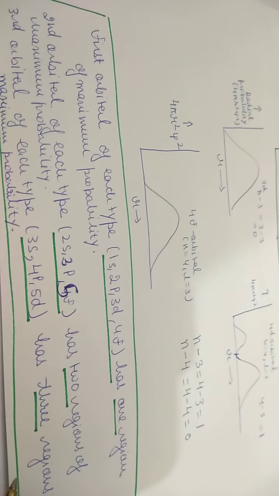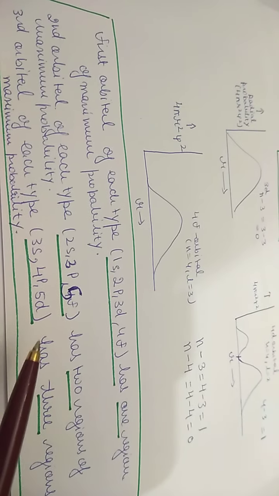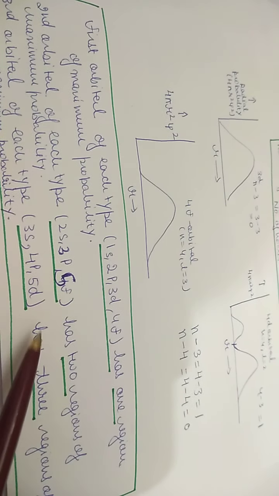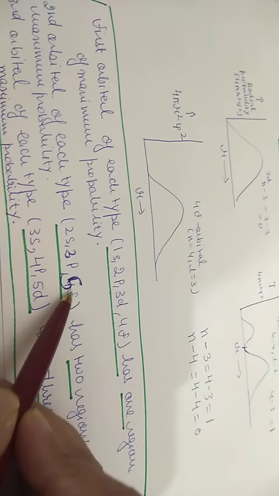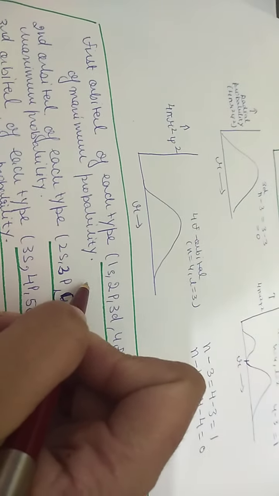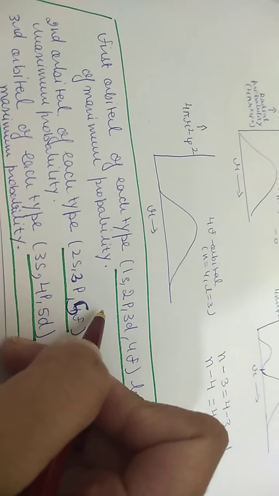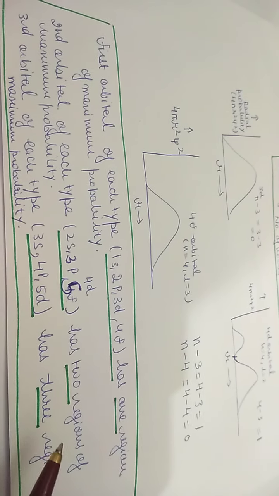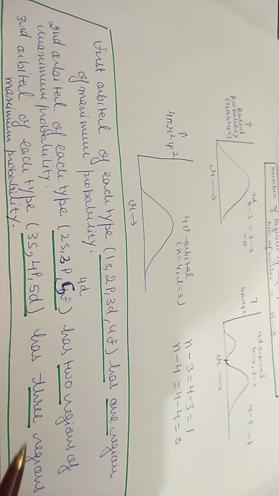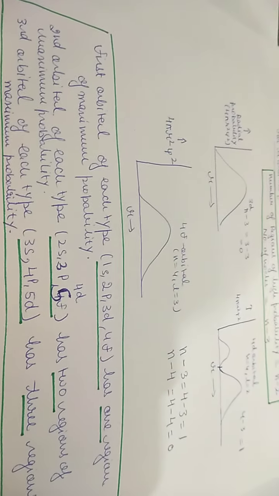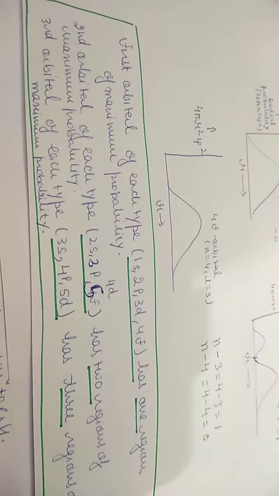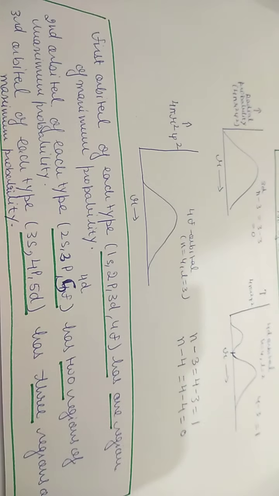If you want to take d also, then 4d is included here. Then the third orbital of each type, that is 3s, 4p, 5d and 6f, has 3 regions of maximum probability. In this way you can remember them. This is the easy way to memorize it. Thank you.